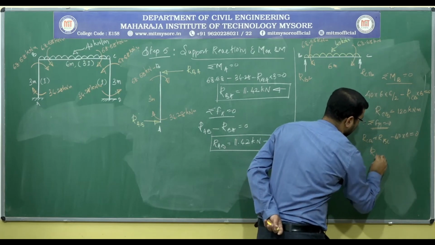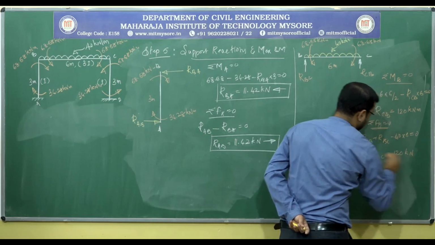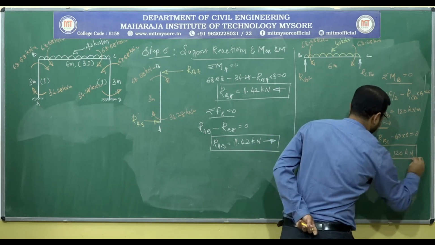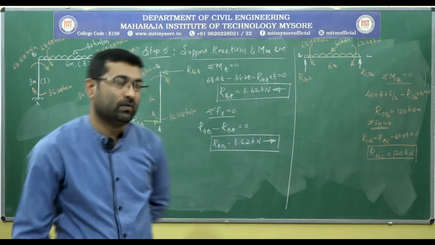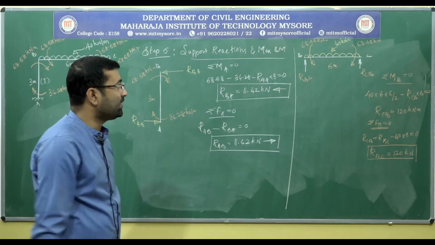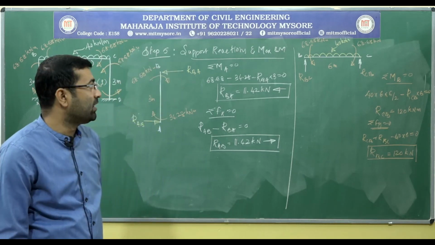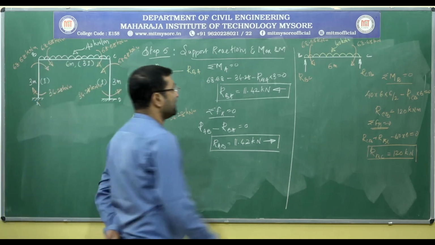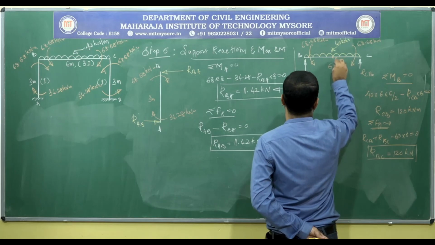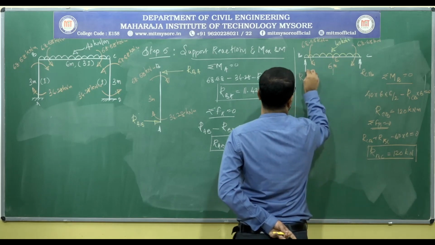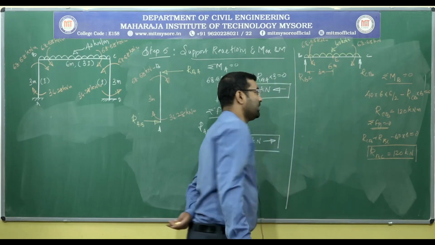So we will get RBC as also 120 kilonewtons. RBC is also 120 kilonewton. And straight away I can say that the maximum positive bending moment will occur exactly at the center. Let us say point E, which is at a distance of 3 meters. So exactly at the 3 meters the maximum bending moment will occur.